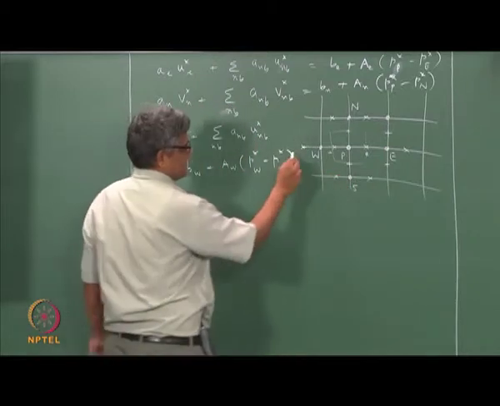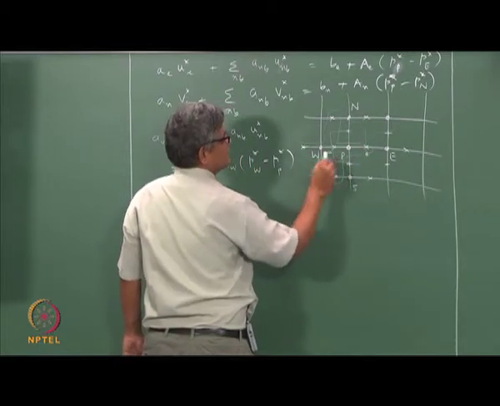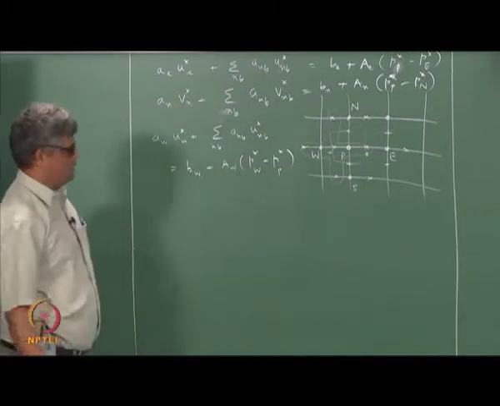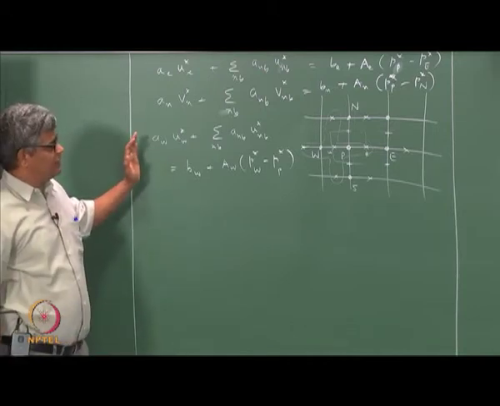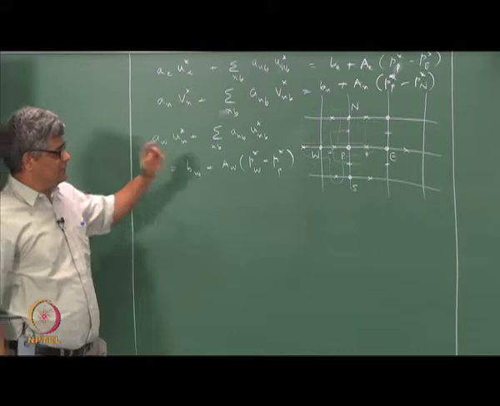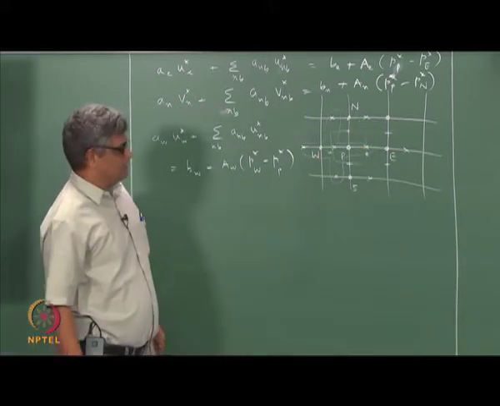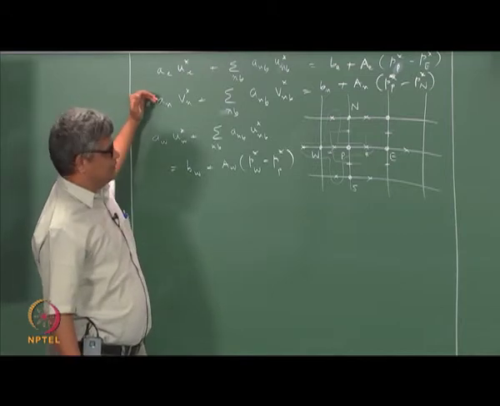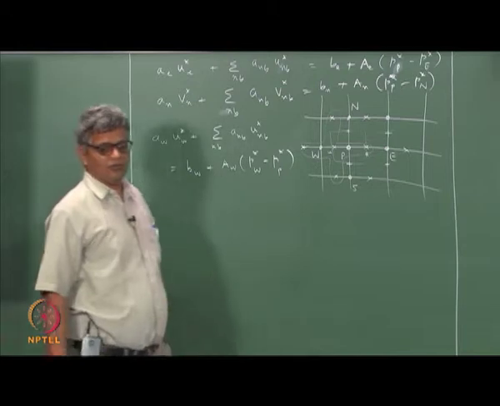So, it involves the same computational molecule, just displaced to the left here. So, we can write down similar discretized equations for every point at which we need to evaluate u component velocity, and like this for every point where we need to evaluate the v component velocity.